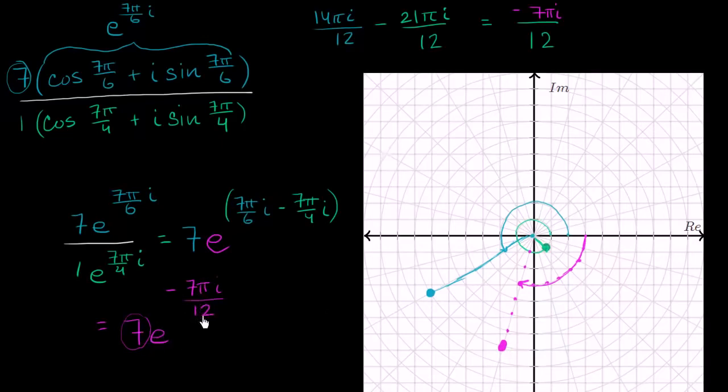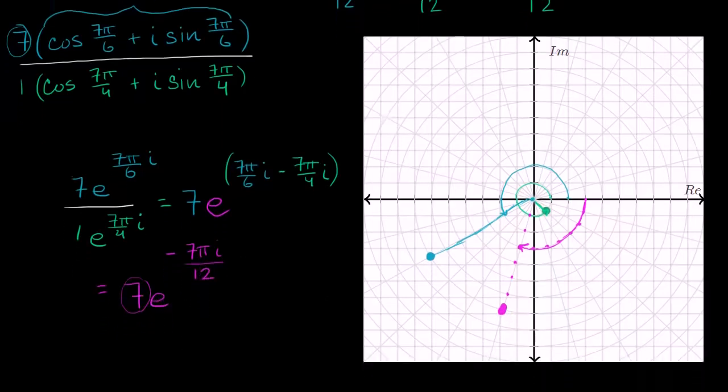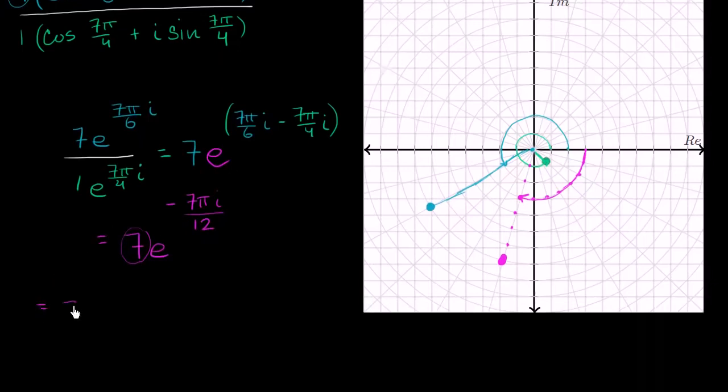And if we wanted to write this in polar form, we of course could. We could say that this is the same thing as 7 times cosine of negative 7 pi over 12 plus i sine of negative 7 pi over 12.